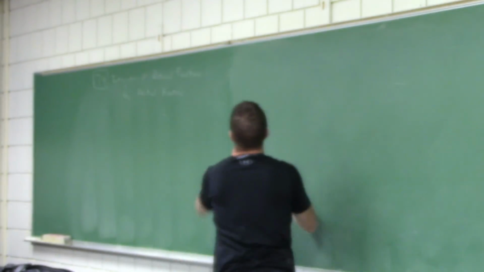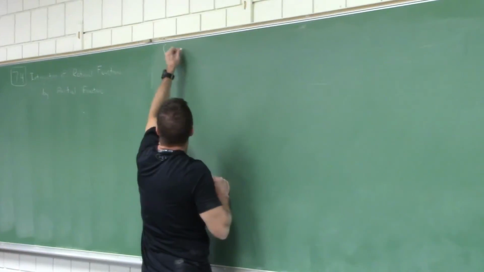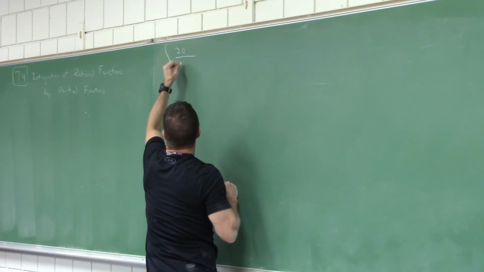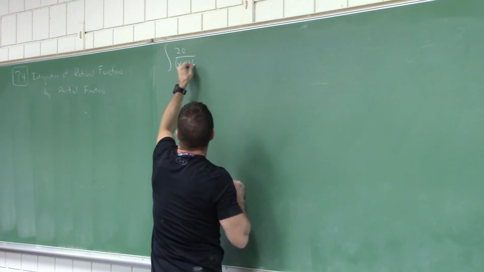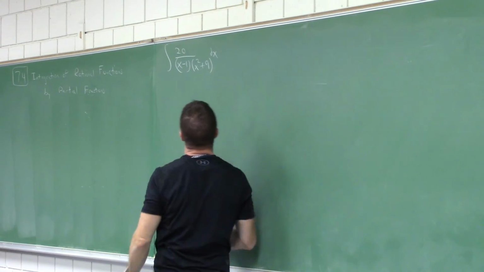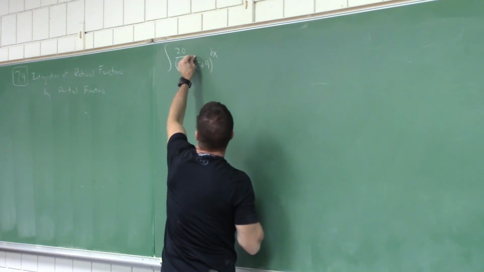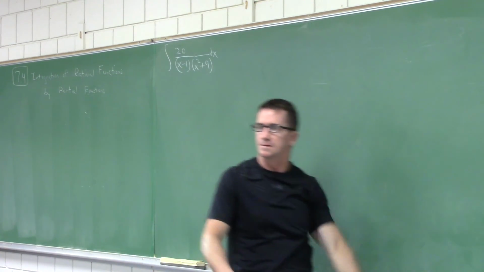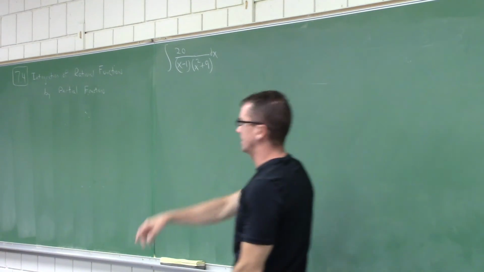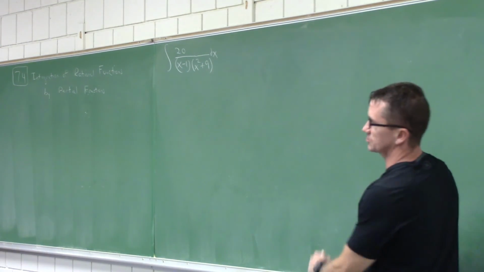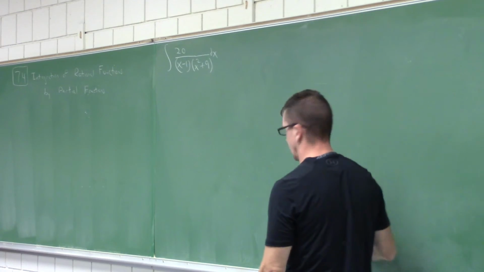We're going to find the integral of 20 over x minus 1 times x squared plus 9. We've got to find this one.